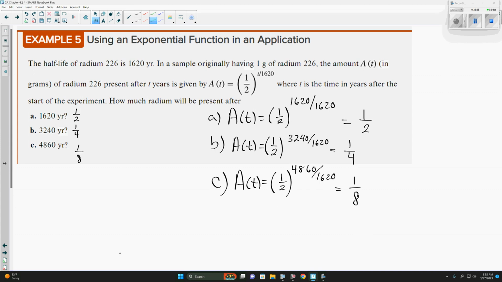Radium is very radioactive and takes forever to fully dissipate. Y'all know who discovered radium? Madame Curie? Yes, she's the one who discovered it, and they found it very interesting because it's a rock that naturally glows.